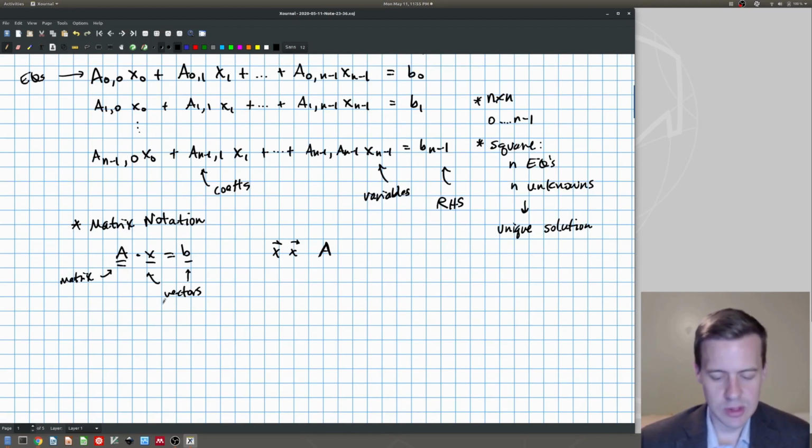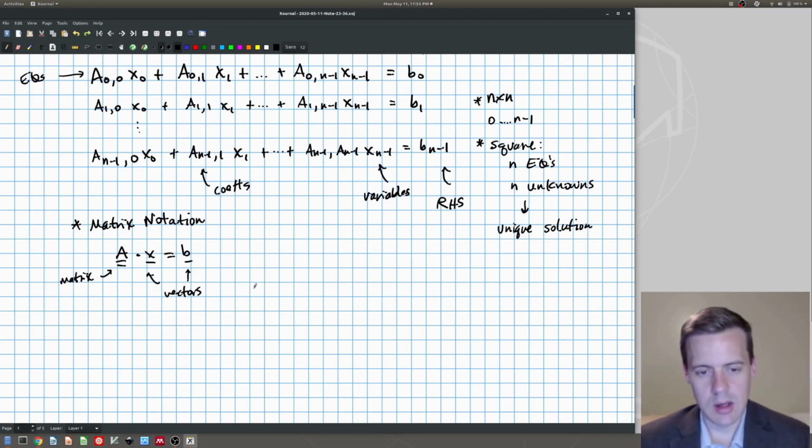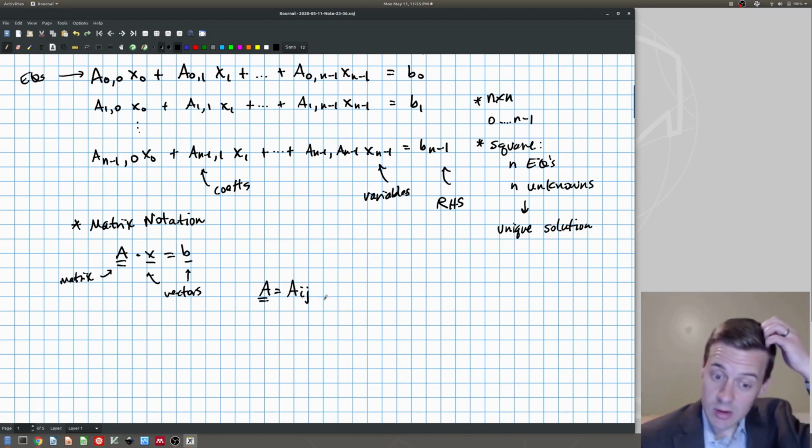So how do we translate this equation up here into matrix equations? Well, I can write down the A matrix right here, and I'm going to write it also using this index notation we'll talk about in the next section.